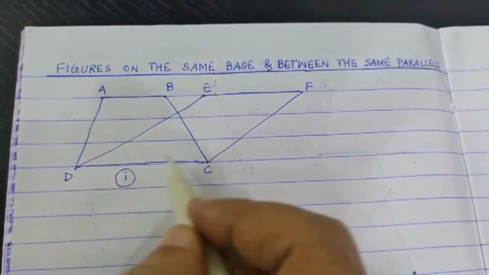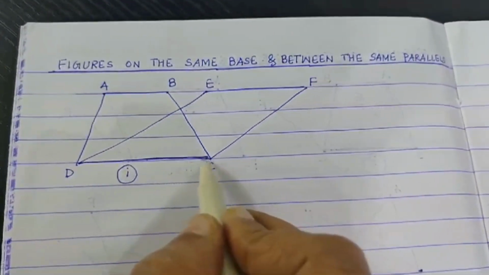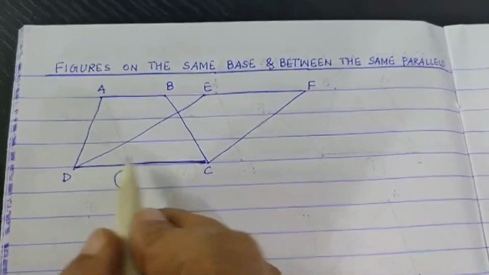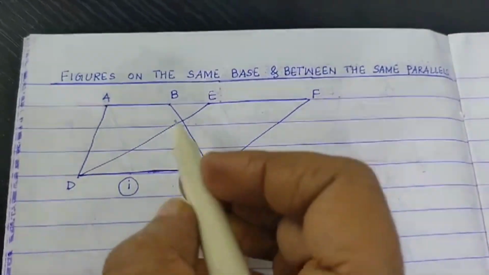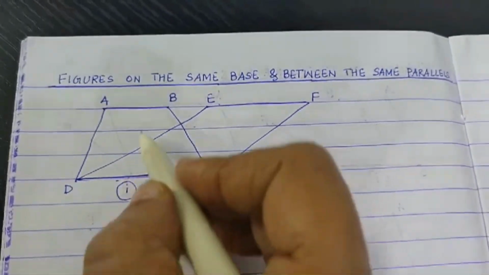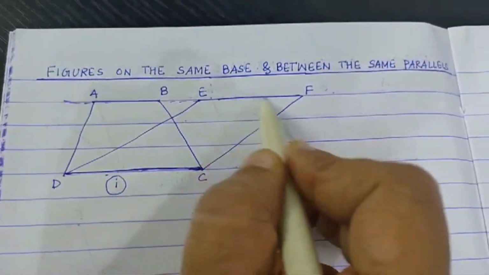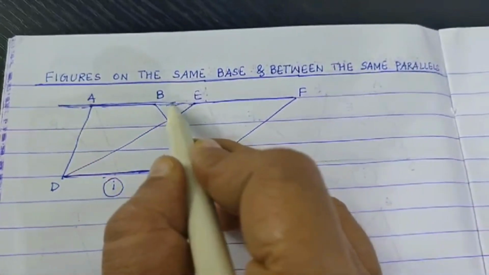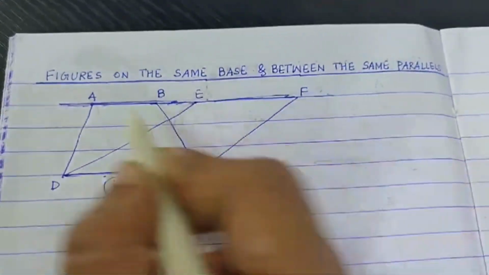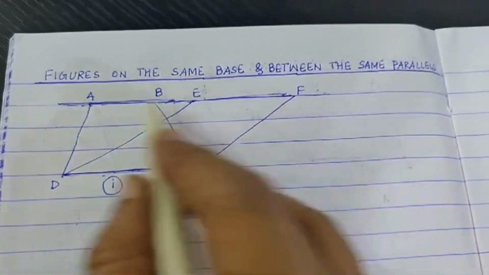The trapezium ABCD and parallelogram EFCD are on the same base, but in addition to this, if you monitor it closely, you will find that these are also between the same parallels. Suppose this is a line parallel AF, if you extend AF like this. AB and EF are on the same line.